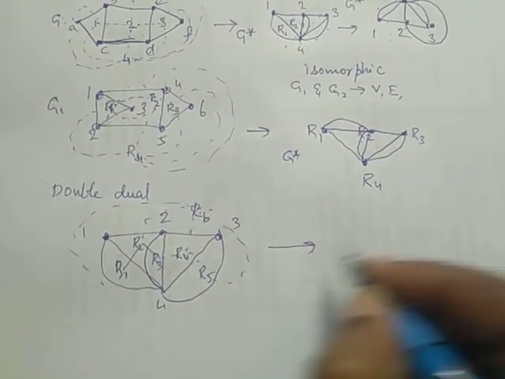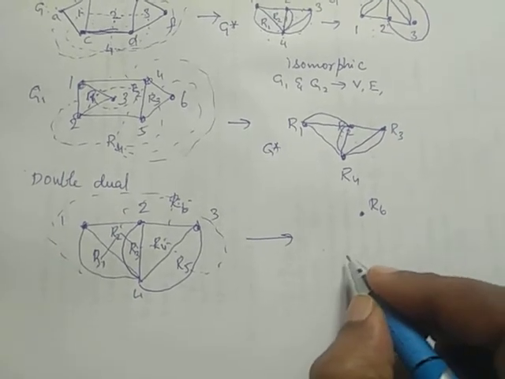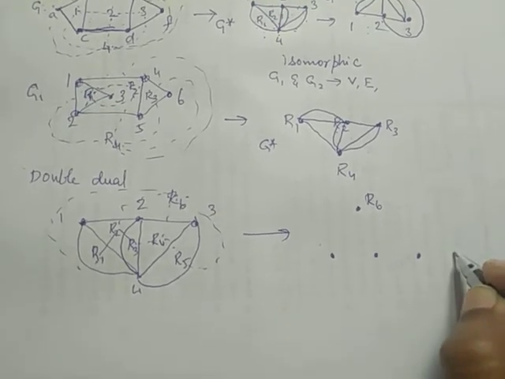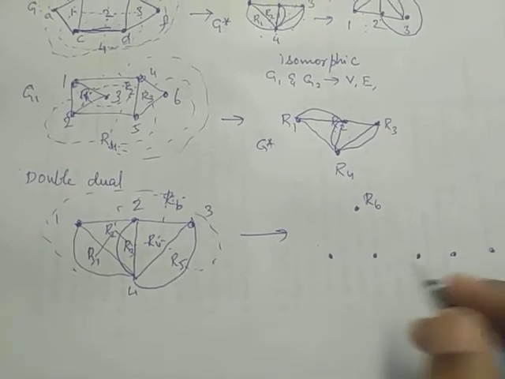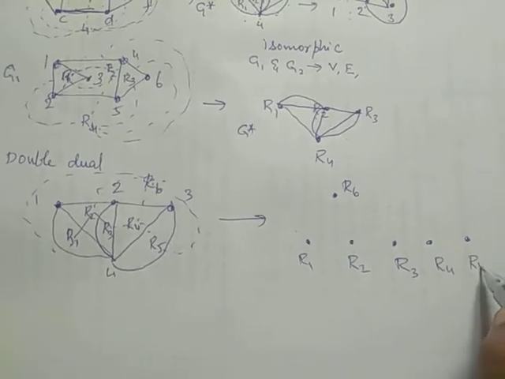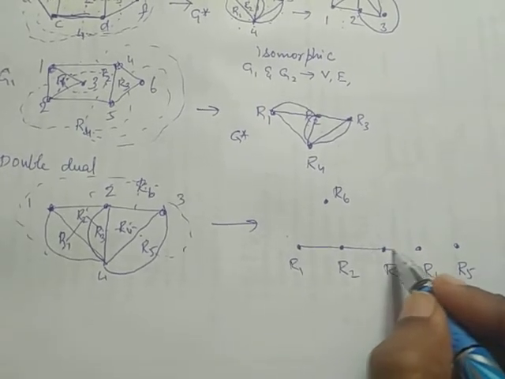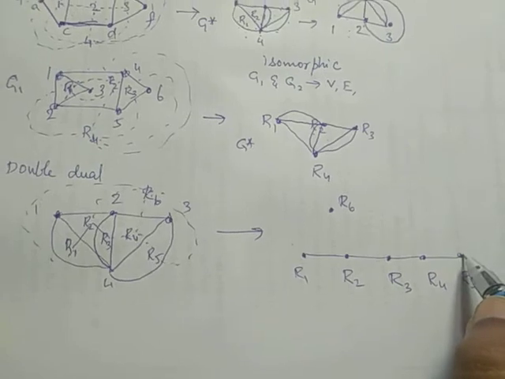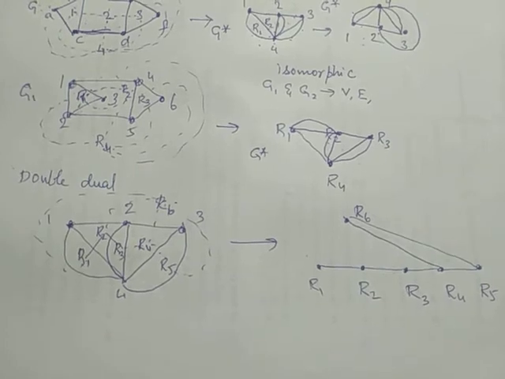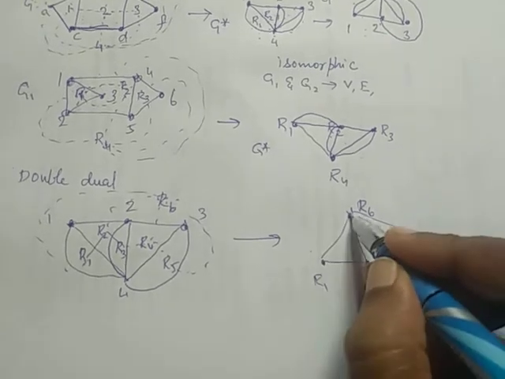So the dual of this graph has R6, R1, R2, R3, R4 and R5. R1 is connected to R2, R2 to R3, R3 to R4, R4 to R5, R5 to R6, R4 is also connected to R6, R2 is connected to R6, and R1 is connected to R6.